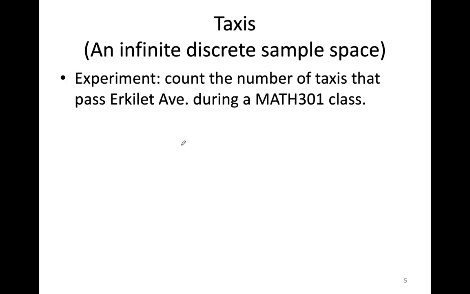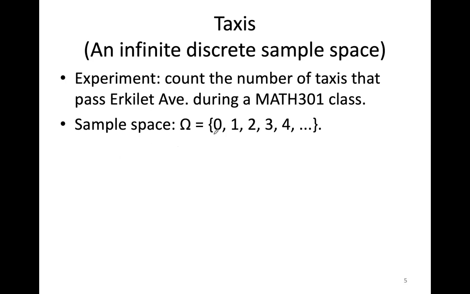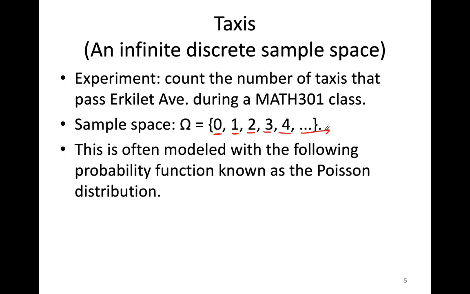No cars may pass during this hour, which is very unlikely. Or 1 car may pass, 2 cars, 3 cars, 4 cars, and it may go up to 100 cars, 1,000 cars. It depends on the time instant. So this is my sample space.